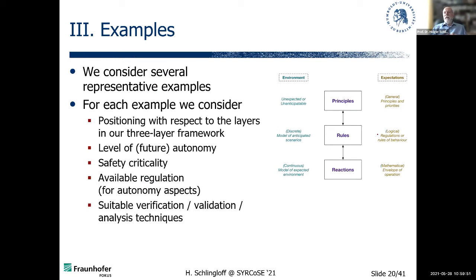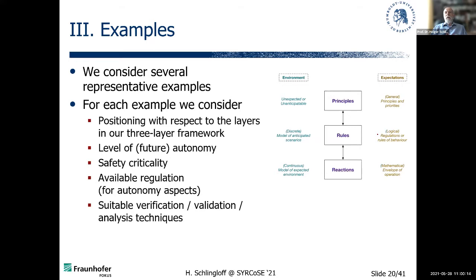What is the level of current and future autonomy? How safety critical is the example? And what are the available regulations in the aspect of autonomy? And what are suitable verification, validation, and analysis techniques? Yeah, so this is how the examples part in our paper is structured.